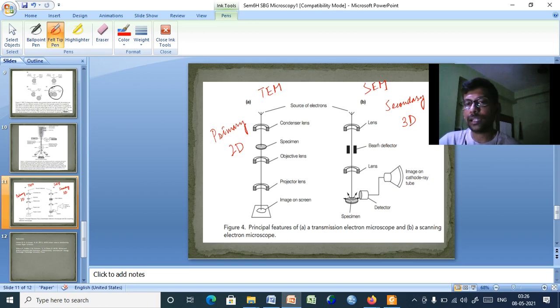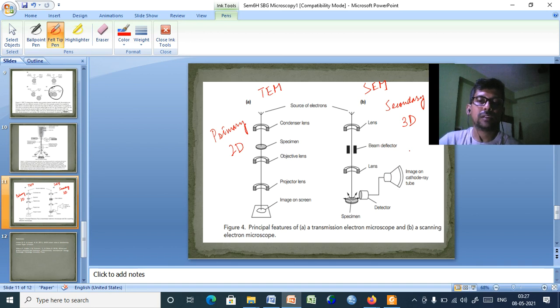For scanning electron microscopy, a heavy metal coating is very much required, usually by osmium tetroxide and other chemicals, and they form a clear image. In this case, the primary electron beam falls on the specimen, and from the specimen, the secondary electron beam forms the image on the cathode ray tube.